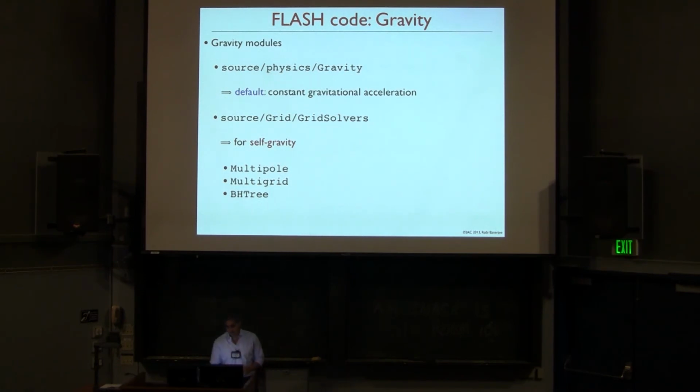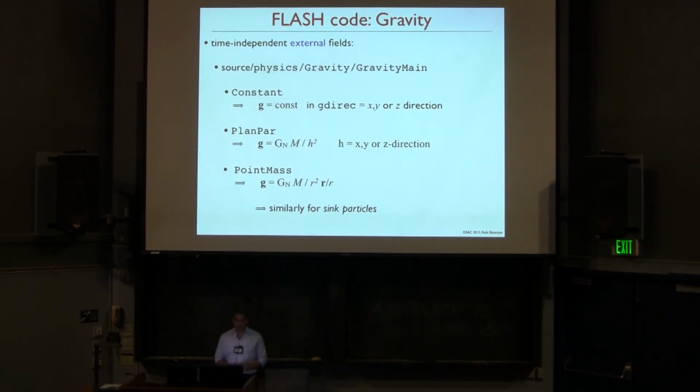This is done with the help of so-called grid solvers, and the directory is given here, where you find all the different solvers, which I will talk about in a minute. We have different self-gravity solvers, namely a multipole solver you can use for more spherical problems, a multigrid solver, in particular for Cartesian problems, and a so-called Barnes-Hut tree algorithm, which also provides you the gravitational potential, but it's done in a different way.